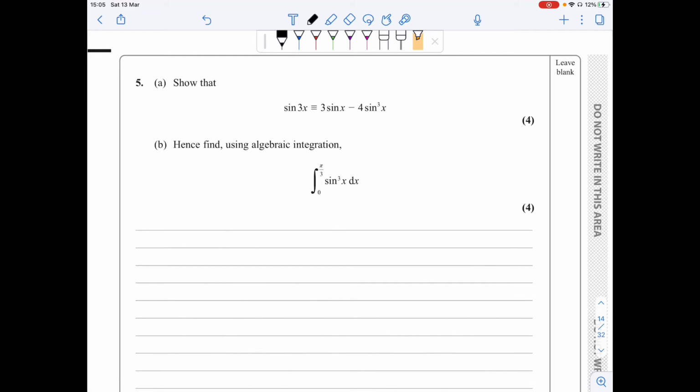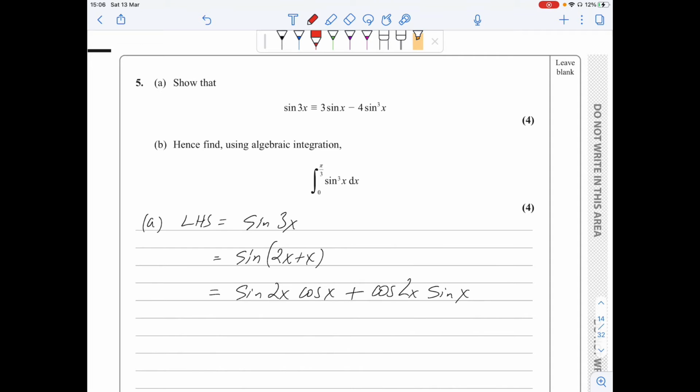In part A, I will start the proof from the left-hand side, which is sine of 3x. Now I will rewrite 3x as 2x plus x, and then I will expand this as sine 2x cos x plus cos 2x times sine x.